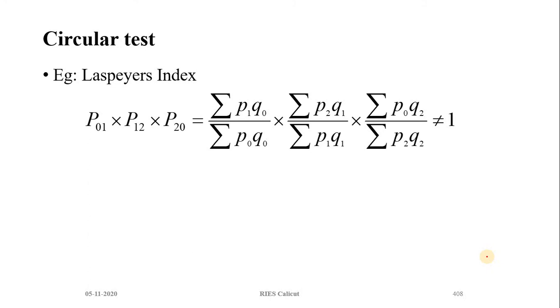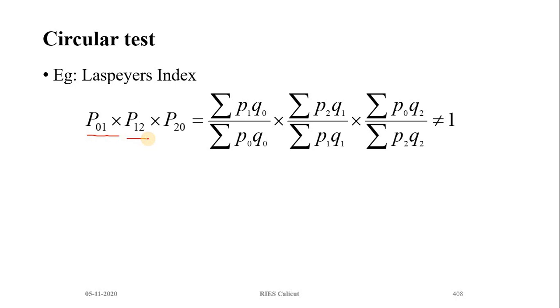Now we can check whether the last pair index number satisfies the circular test or not. As you know, this is the price index number for period 1 keeping 0 as the base. Now what is P12?